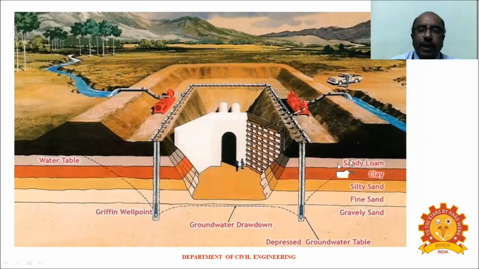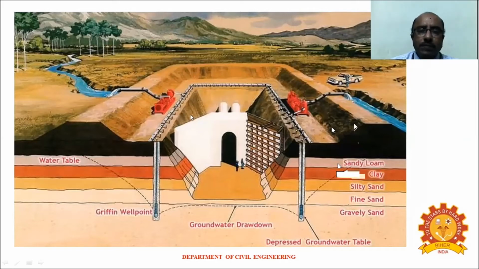So this is sandy loam and below that we have the clay, and below that we have the silty sand, and then fine sand, and then gravelly sand. Now we want to have a tunnel at this location, which is well below the existing ground level.